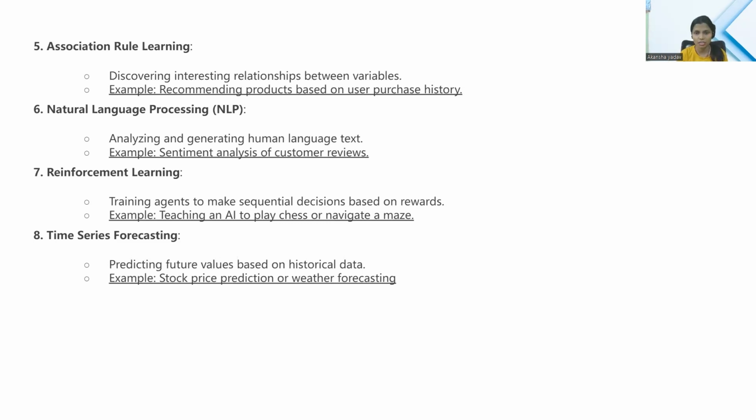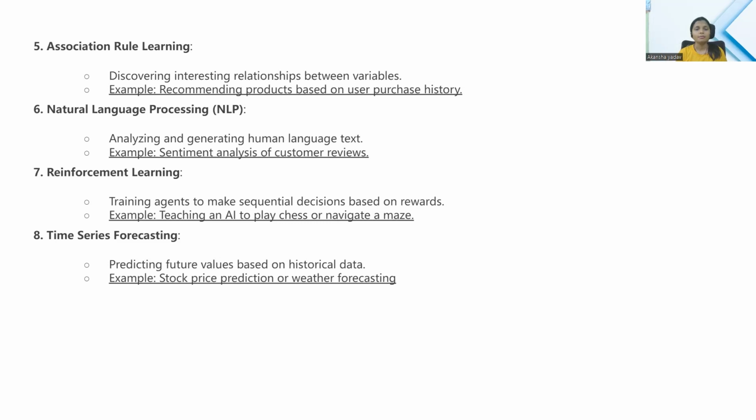Suppose the computer makes a good move, and the computer was able to defeat me in that game. So what will be done is, in the back end the model will be getting rewards. Okay, you got 100 points, you got 200 points, like that. So reinforcement learning works on training the agent to make sequential decisions based on rewards. It can be either in points or other parameters, like teaching an AI to play chess or navigate a maze.